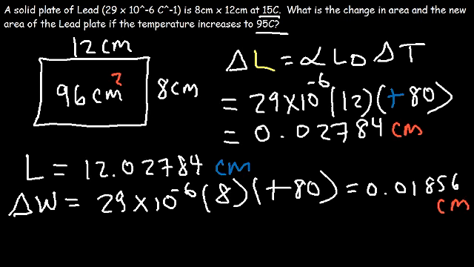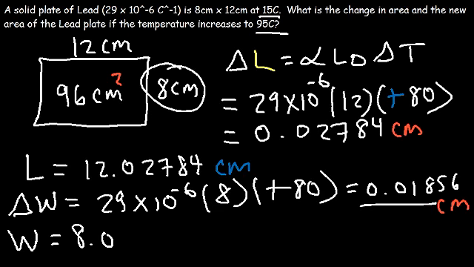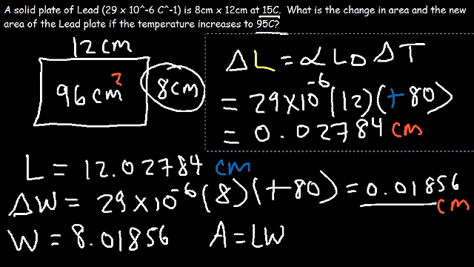So now what is the new width? So W, which is W initial plus the change, is now 8.01856. So now we can calculate the new area, which is simply the new length times the new width. So let's make some space first.